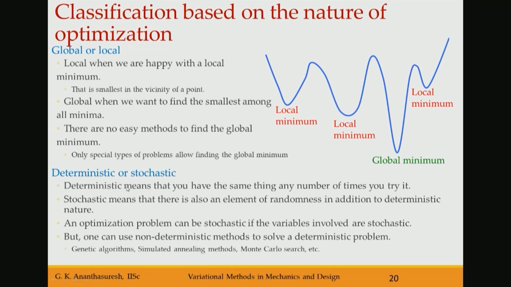If your variables are all deterministic, meaning that they have definitive values, you have deterministic optimization. Most of the engineering problems will have deterministic optimization, okay. But if you look at it practically, any dimension that you take, any material property you take, they are not going to be precisely some value. There is a little bit of uncertainty, then you can do stochastic variable optimization. So, that is another classification, you have deterministic or stochastic.